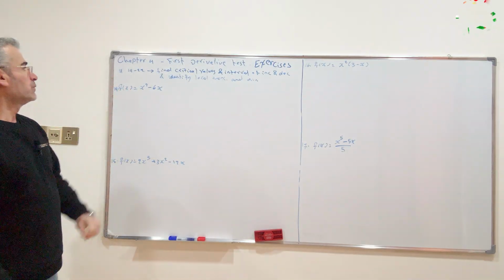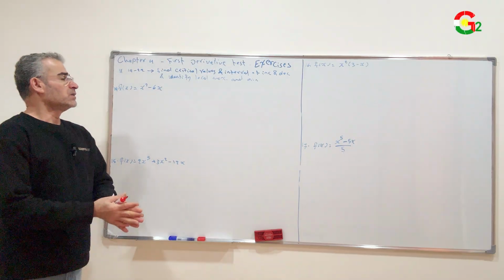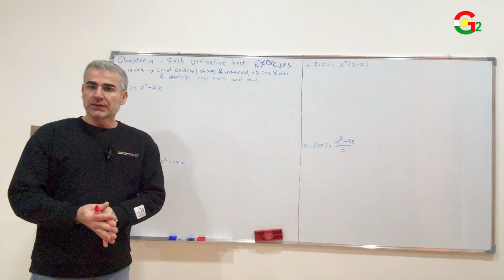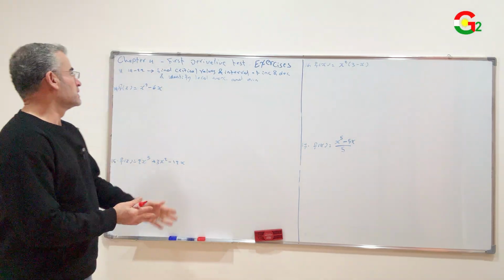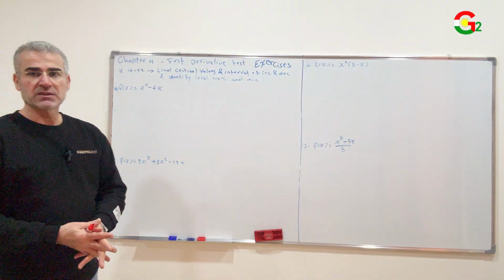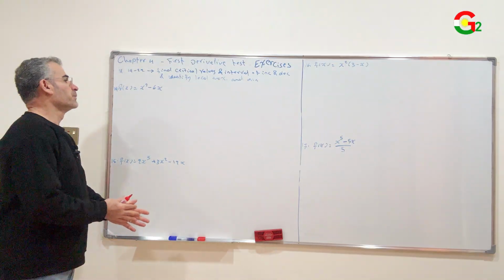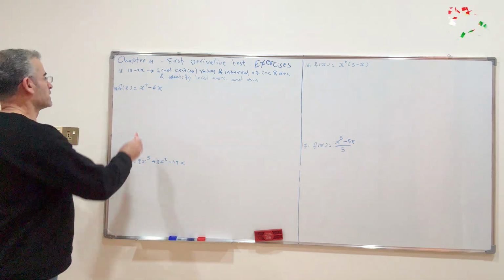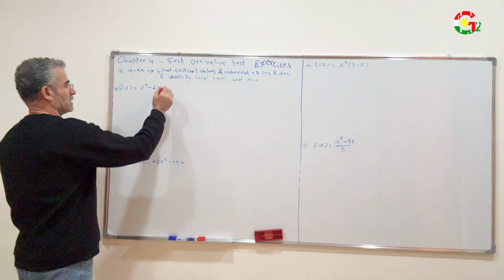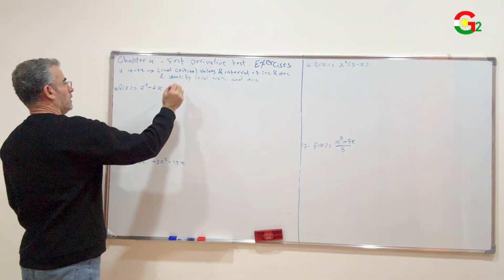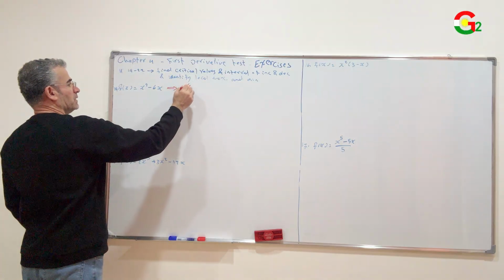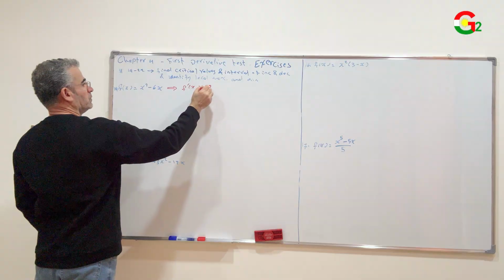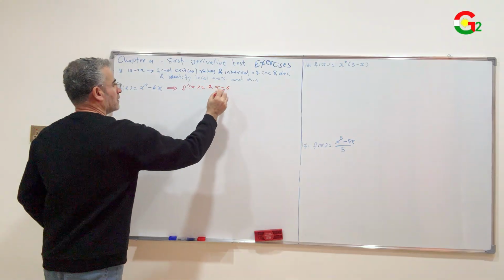Question number 14 to 22: find the critical values, intervals of increasing and decreasing, and identify the local maximum and minimum extremum. Question number 14, f of x equals x power 2 minus 6x. Find the derivative of this function, f prime of x equals 2x minus 6.